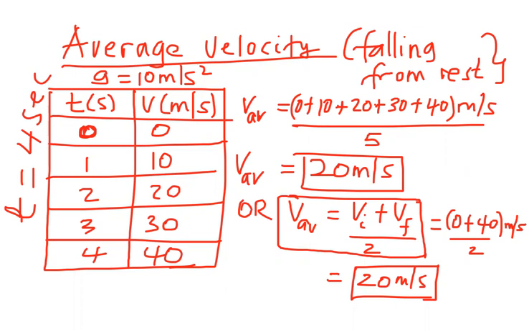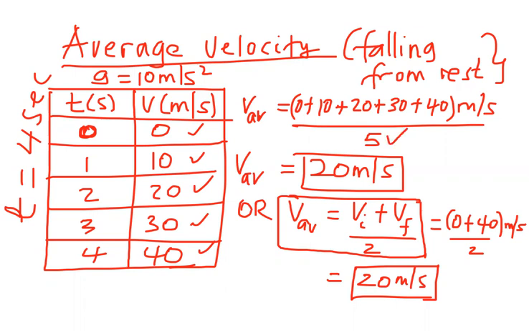So when we do that, we have to think about how we find the average of numbers. Here we have 1, 2, 3, 4, 5 velocity values. We add all velocity values and divide by how many they are. They are 5, so I'm going to divide by 5.